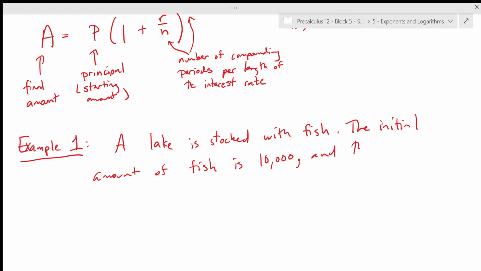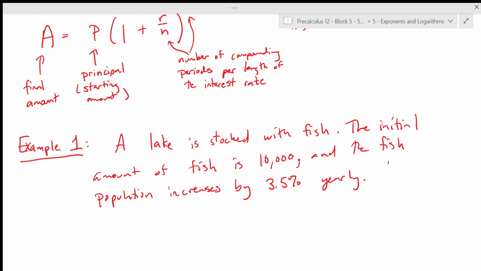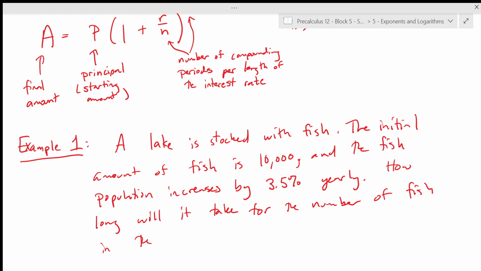And the fish population increases by 3.5% yearly. How long will it take for the number of fish in the lake to double?